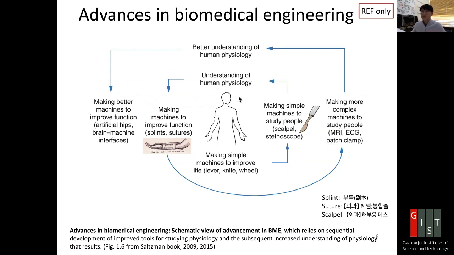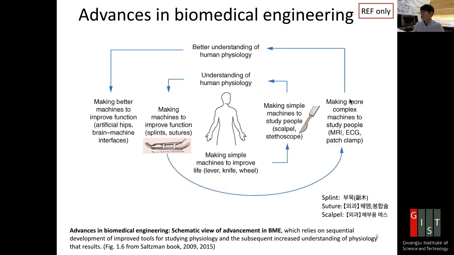And this allows us to understand our human physiology better. That leads us to making even more complicated machines to improve our function, for example, splints and sutures to close up a wound or surgical site.